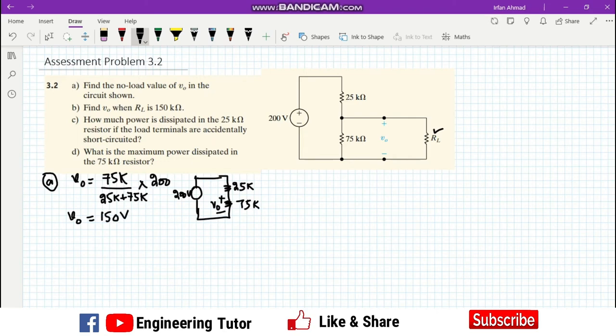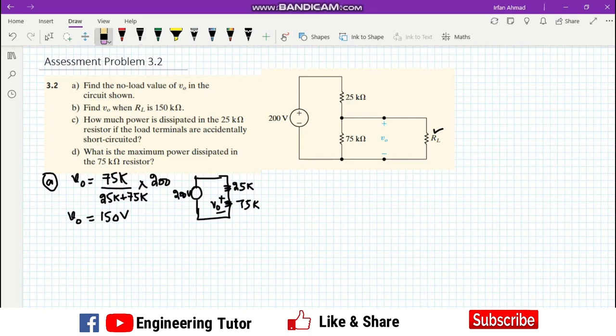This is the value of V naught when load resistance is not available, the actual voltage without any dissipation. Now for the other part, find V naught when RL is 150 kilo ohms.